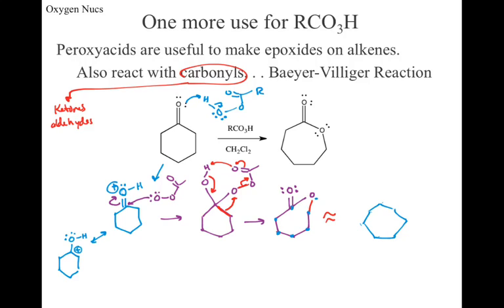I think I got them in there. We still have our carbonyl, and one of those atoms is an oxygen. Come on, eraser. And we end up with this massive looking structure, and we would also have the carboxylic acid floating around now in solution.